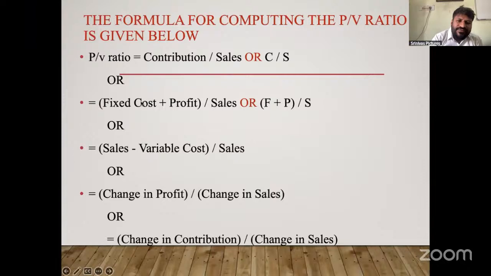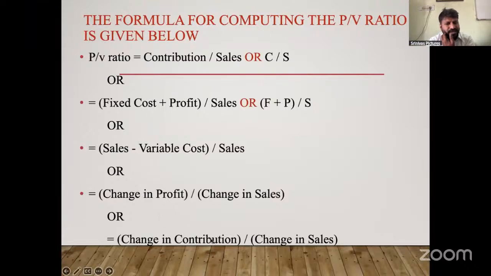And that contribution is nothing but sales minus variable cost, divided by sales. Sometimes 2 years data they will give. For that, change in profit by change in sales, that is, if they give 2 years data, the difference of the 2 years profit over the difference of the 2 years sales.